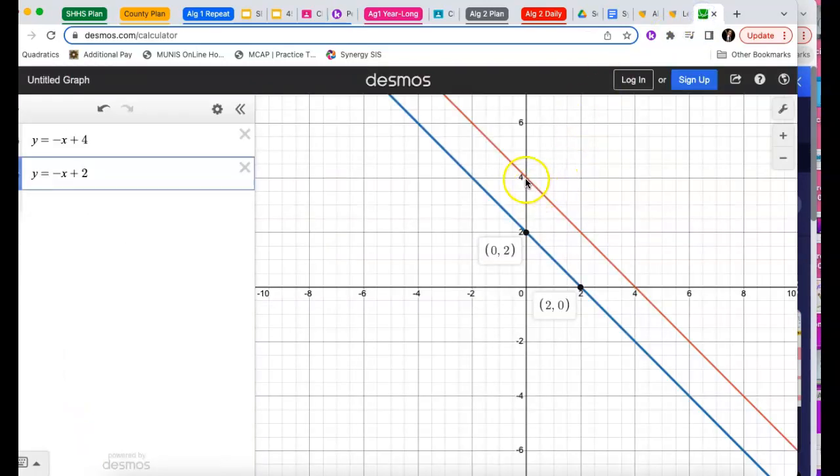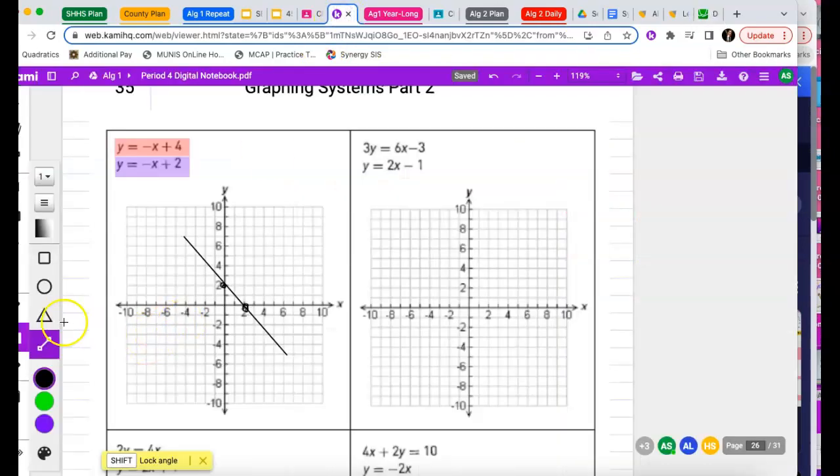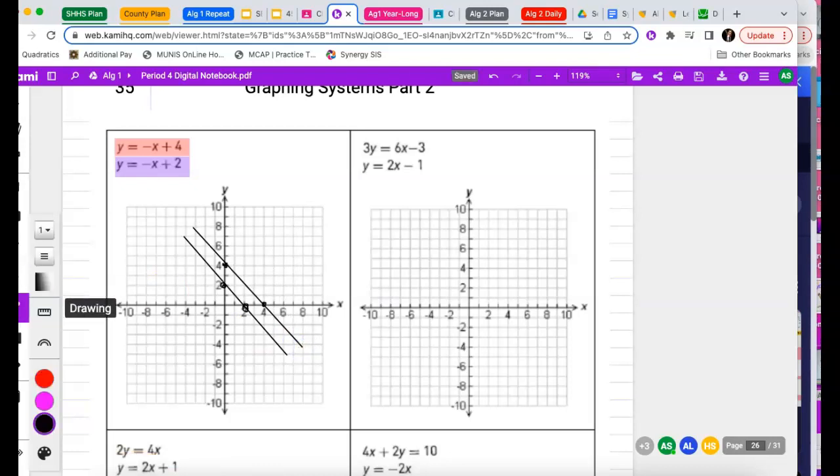My second line has a y-intercept at 4 and an x-intercept at 4. Alright, so once we type it into Desmos and draw our graph, we can identify our solution. So the lines never touch, which means we have no solution for this one.